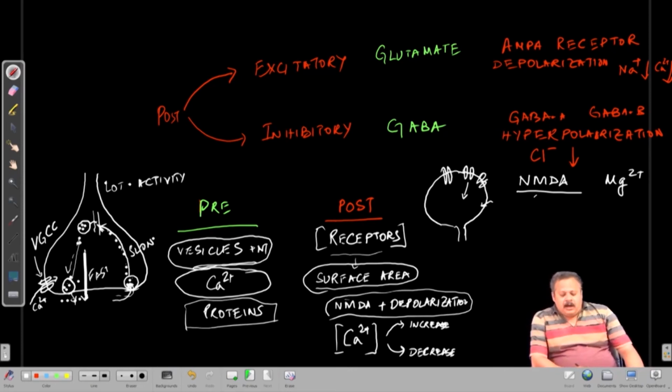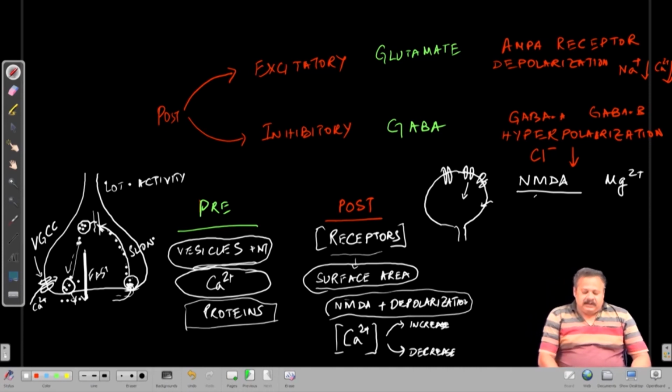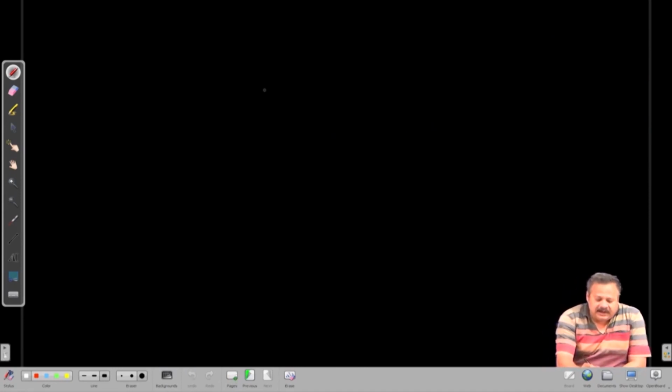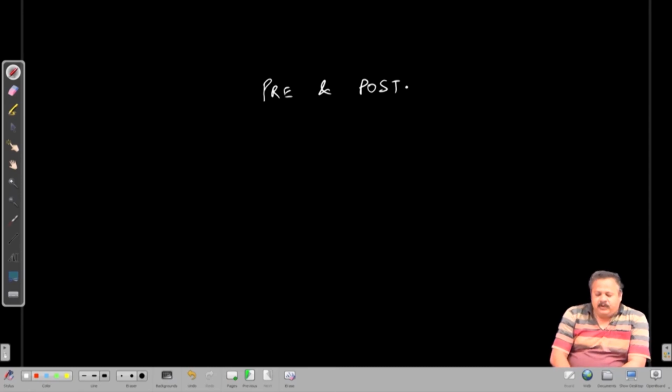So, we see that modifications in synaptic strength can happen both presynaptically and postsynaptically, and we also alluded to the fact that there may be different time scales at which these changes can happen.